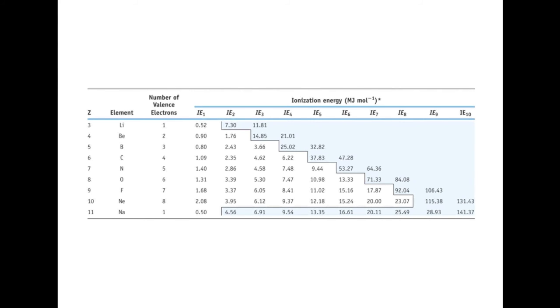This is yet more evidence, if you needed it, that fully filled orbitals are an exceptionally stable configuration of electrons around a nucleus. And this table tells that story over and over again. Every time you go from a species that is isoelectronic with a noble gas and you take yet another electron away, you notice a giant penalty, a much more significant jump in ionization energy.